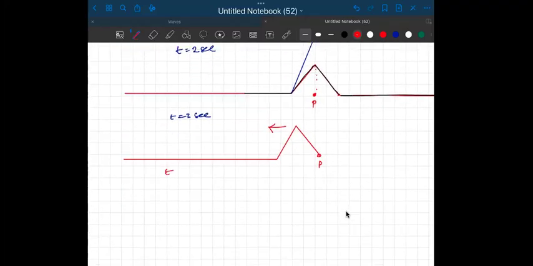And at t is equal to 4 seconds, what you have just seen will get repeated, but the only thing is the pulse gets reversed. I mean, reverse direction. But the shape of the pulse or the position of the pulse remains the same. This is superposition.